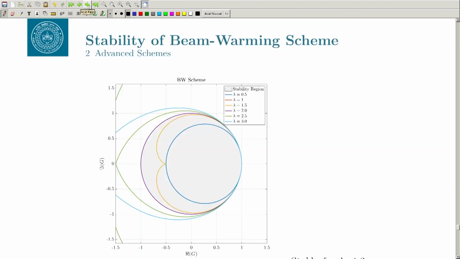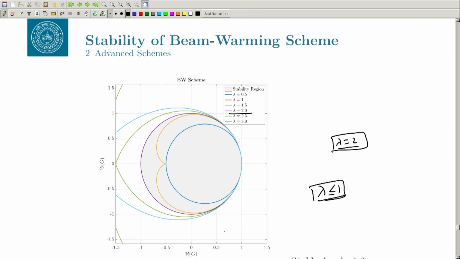One interesting thing that I will discuss and close the class today is that for this scheme you can note that the stability region is up to lambda equal to 2. For all the schemes that we have discussed so far, the stability was lambda less than or equal to 1. But this scheme is stable up to lambda equal to 2, and that you can see clearly in this polar plot, and you can see there are some overlapping regions here.